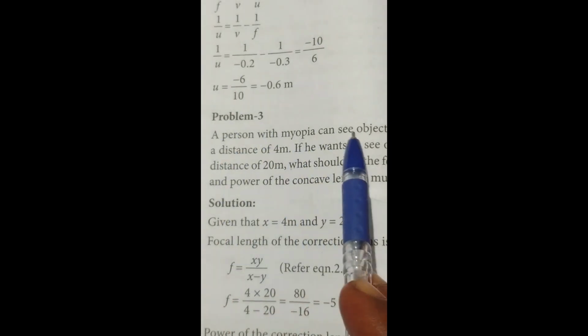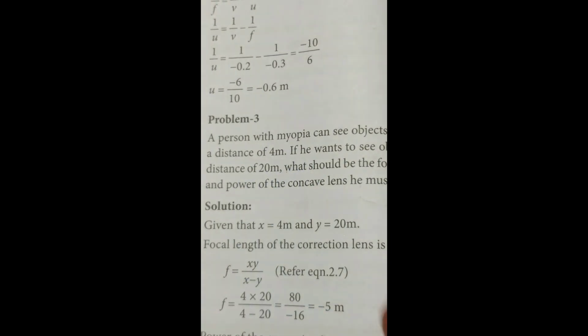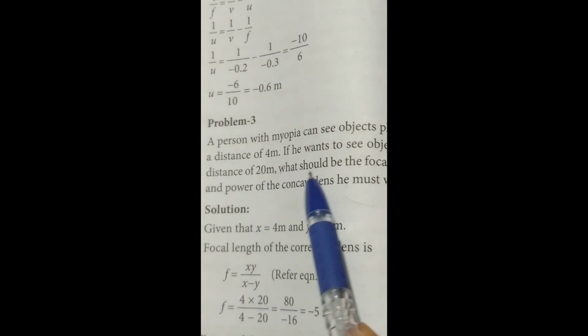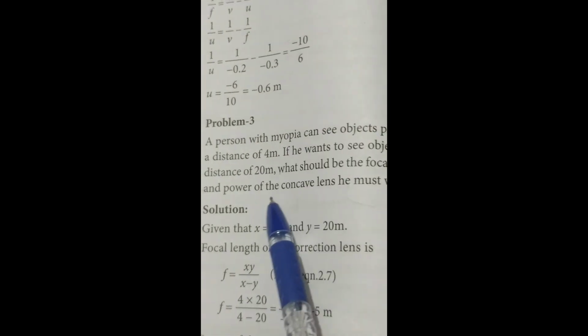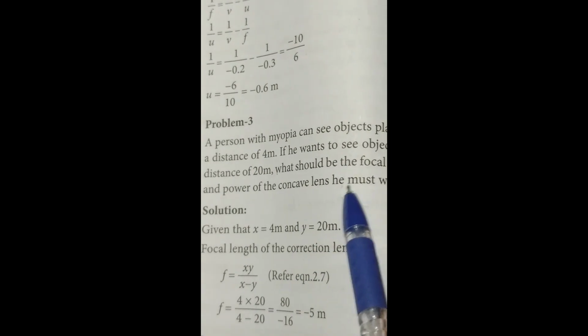A person with myopia can see objects placed at a distance of 4 meter. If he wants to see the object at a distance of 20 meter, what should be the focal length and the power of the concave lens he must wear?